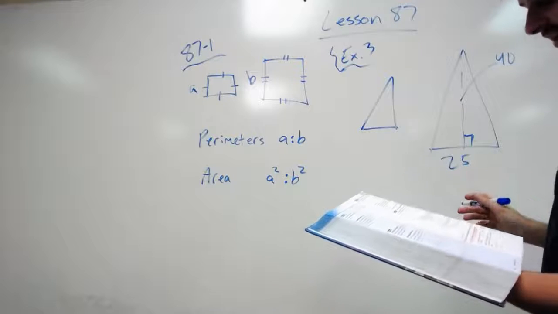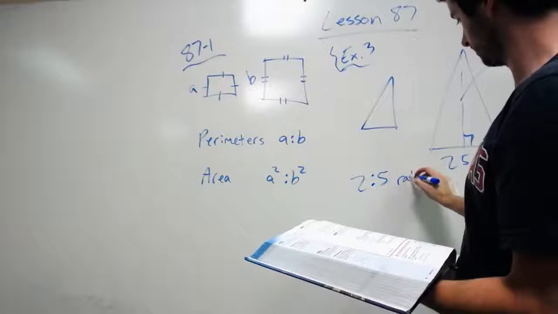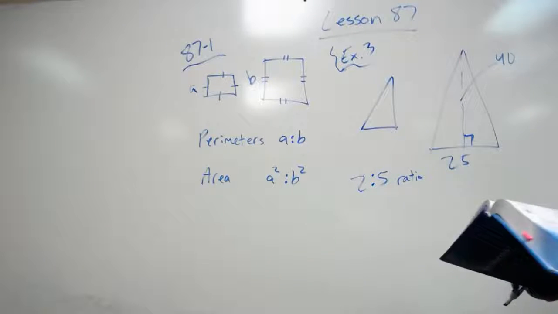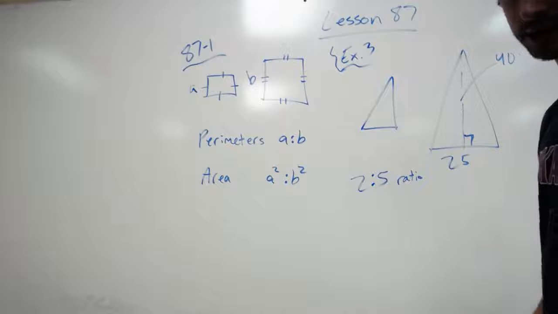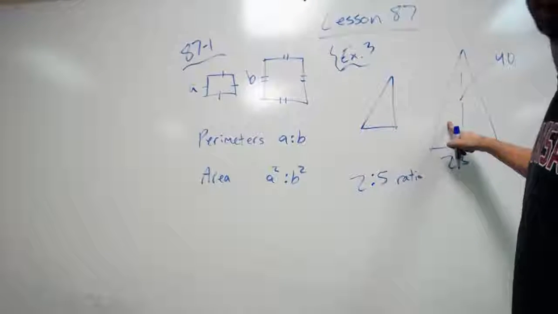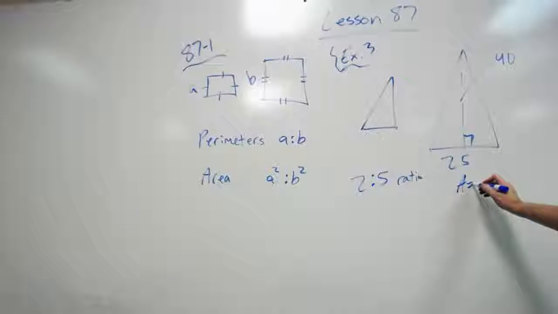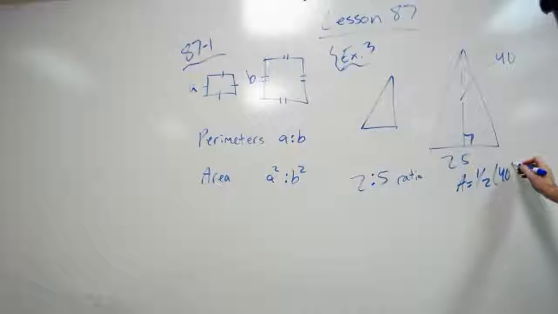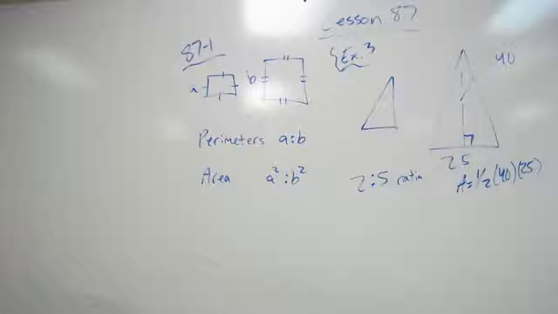And it says they have a 2 to 5 ratio. It wants us to determine the ratio of the areas and the area of the smaller triangle. One thing we can already know is the area of the big triangle, because we have the height and the base. So area equals 1/2 of 40 times 25. That would be 20 times 25, giving us 500.